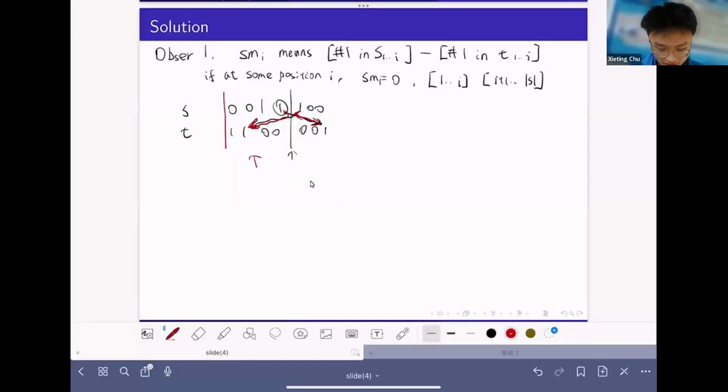Also, you know that the swap operation is invertible. So these two conditions are in fact the same condition.